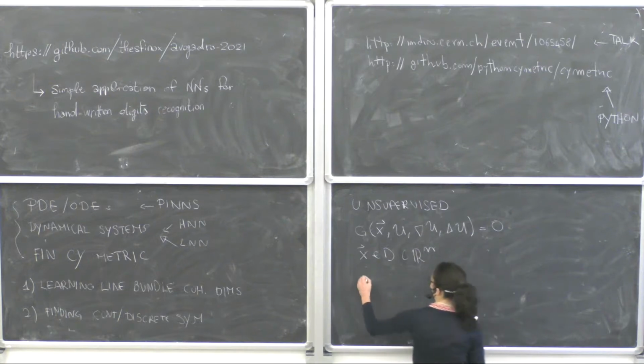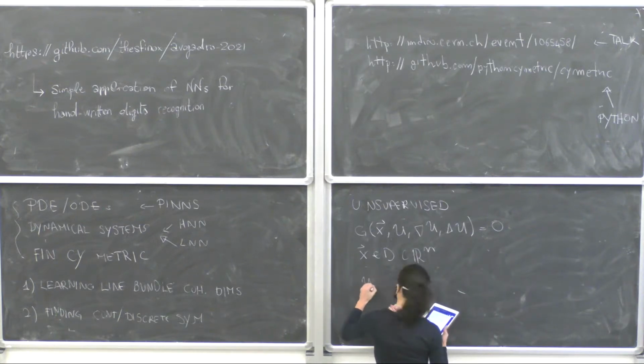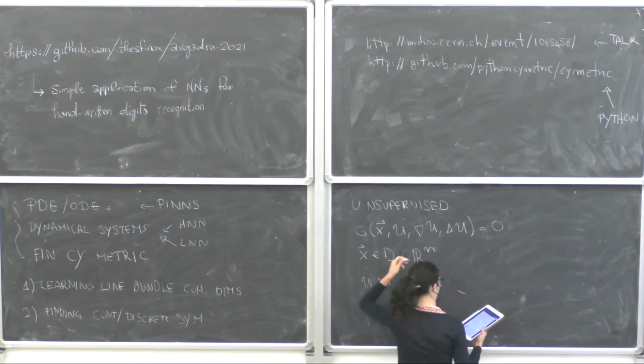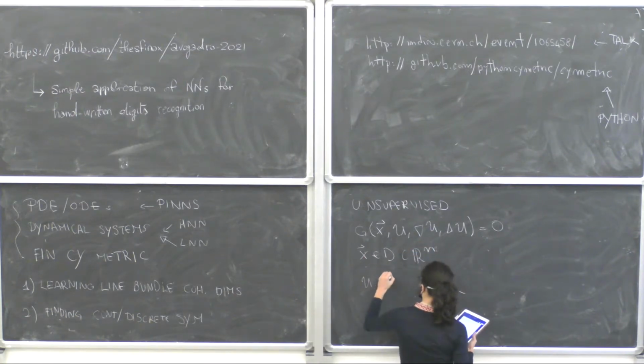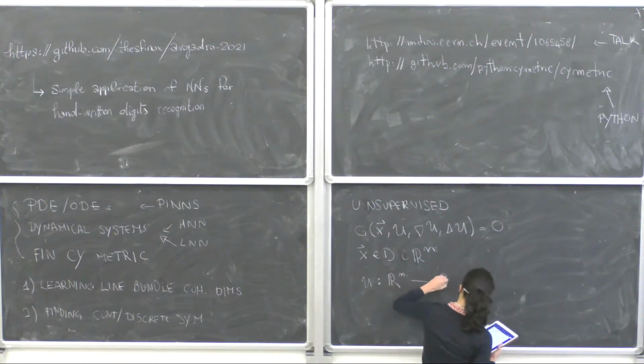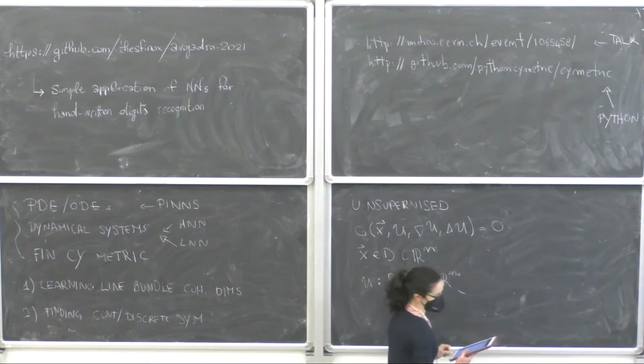And U may be a function, let's say n_i, so it's number of input dimensions, and U is a function which goes from R^{n_i} to R^{n_o}, number of outputs.